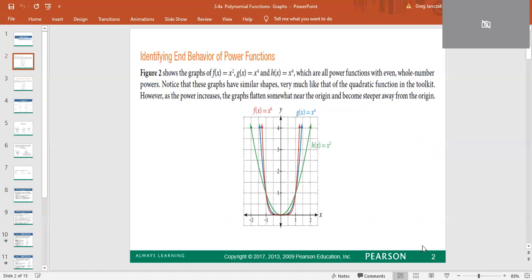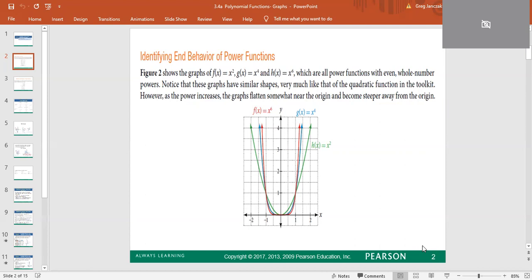This is basically identifying end behavior for even polynomials. Polynomials that behave like x squared, x to the fourth, x to the sixth. This shows how the graphs differ. They're similar, but there are differences too. X squared is the one in green, the widest one.